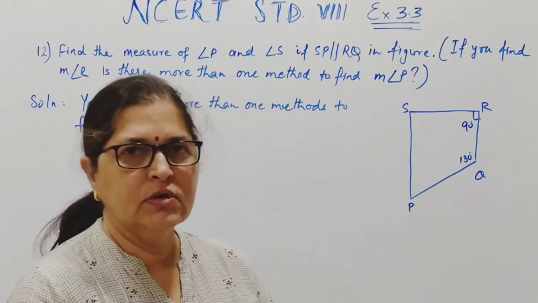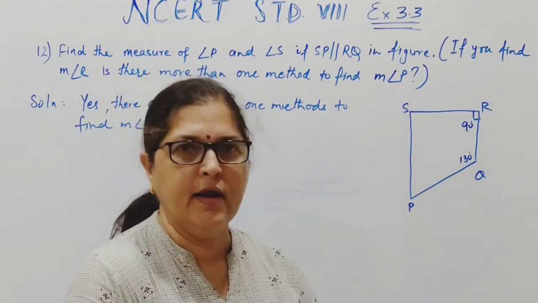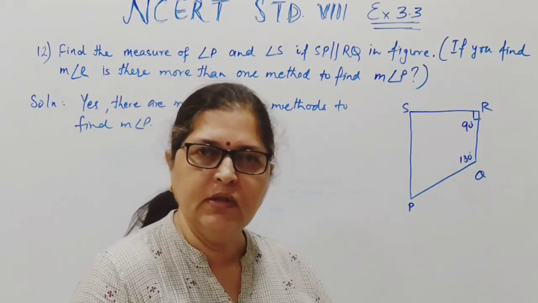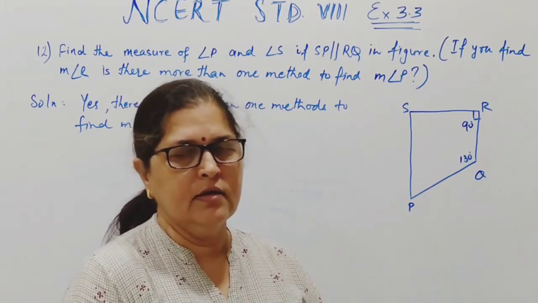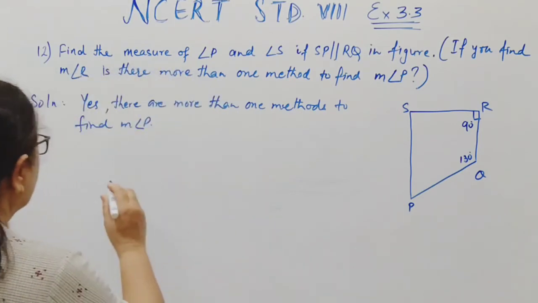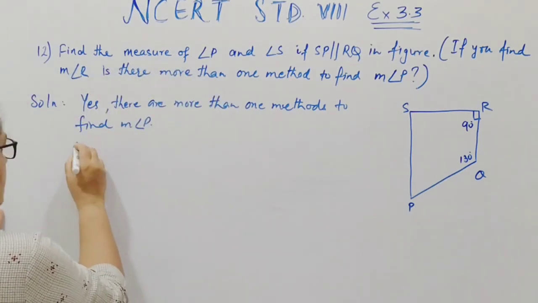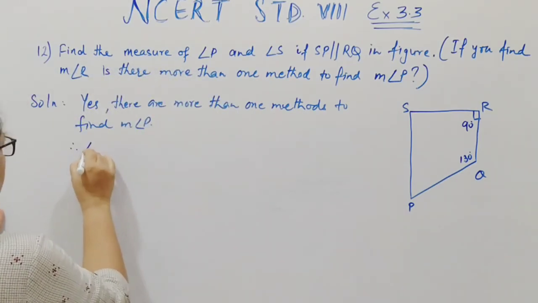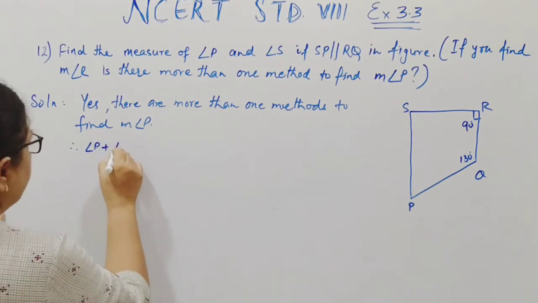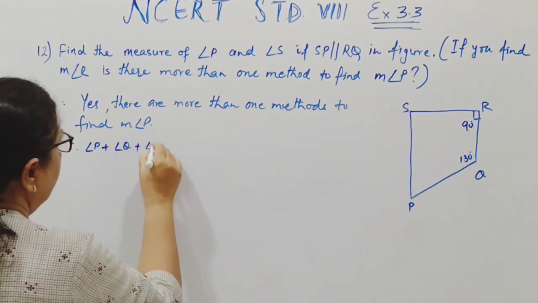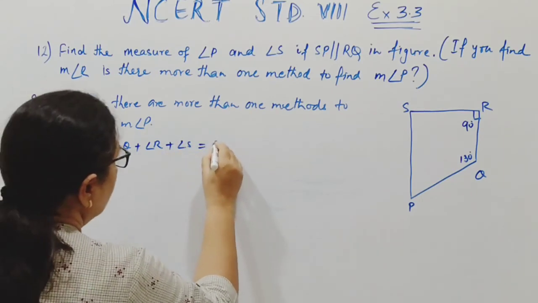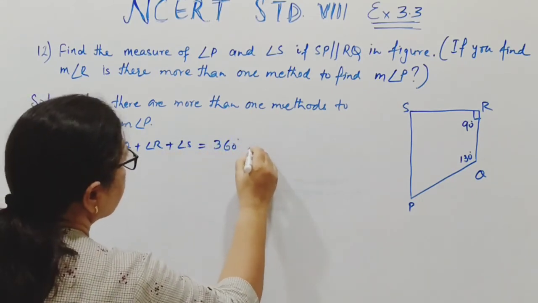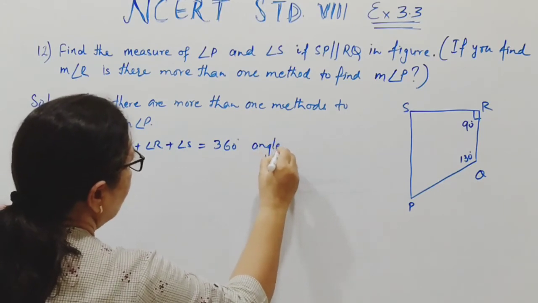Now we can use angle sum property of quadrilateral, that is sum of all the four angles in a quadrilateral is 360 degree. Therefore, measure of angle P plus angle Q plus angle R plus angle S is equal to 360 degree. Angle sum property of quadrilateral.